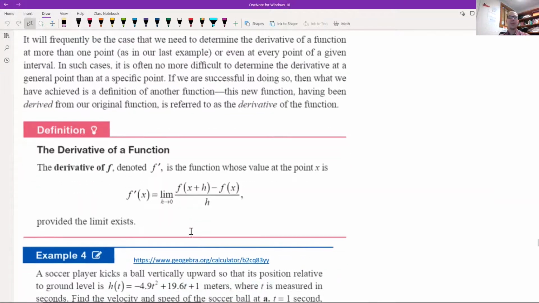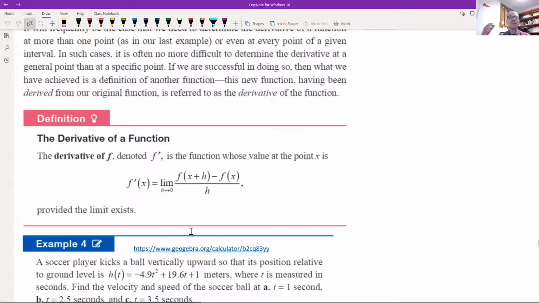And we are able to get a formula for the derivative that will change depending on whatever x value we put in eventually. But it just means that we do the limit definition once, and we come up with a function that we're able to plug in multiple values into.